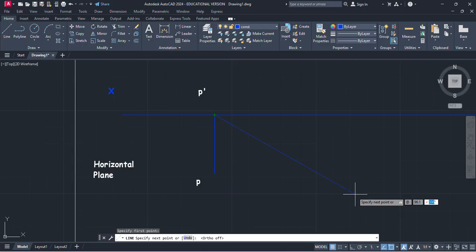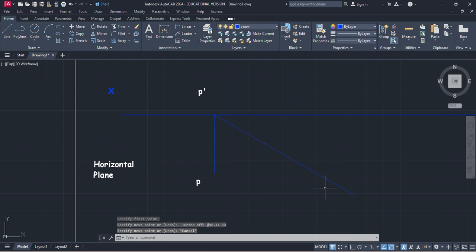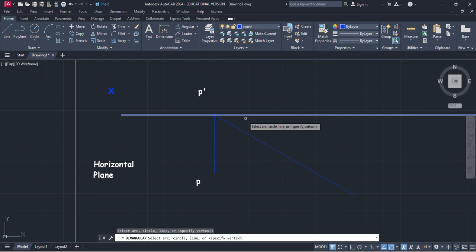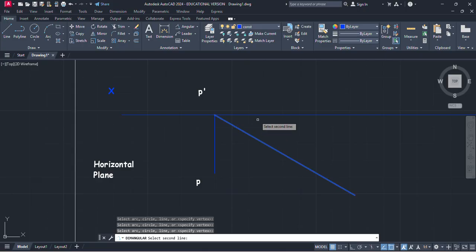Now the angle is in the downward direction, so I'm going to provide minus 30 degrees. Now you can check whether this P dash line makes an angle of 30 degrees with the XY. So it is making an angle of 30 degrees.